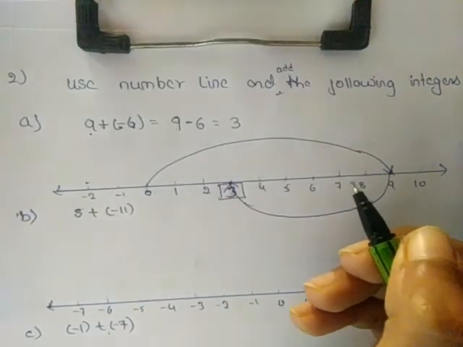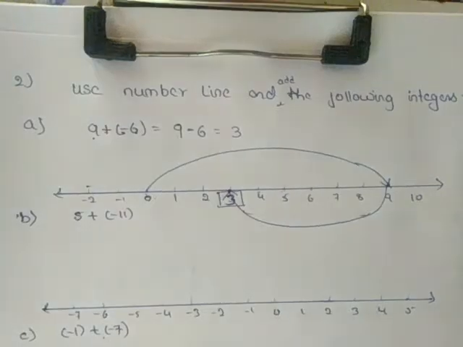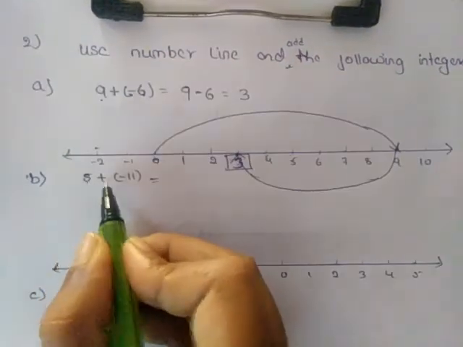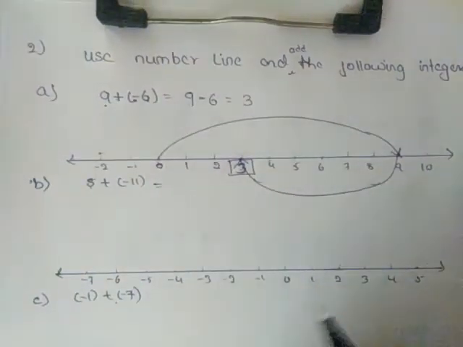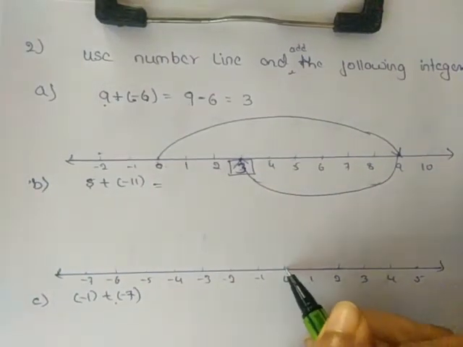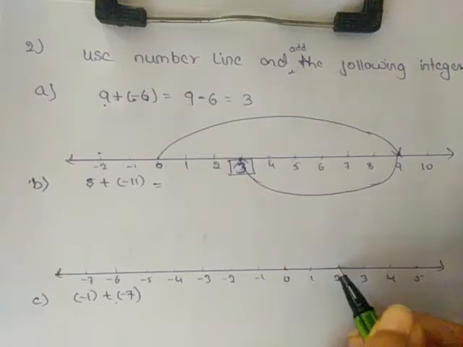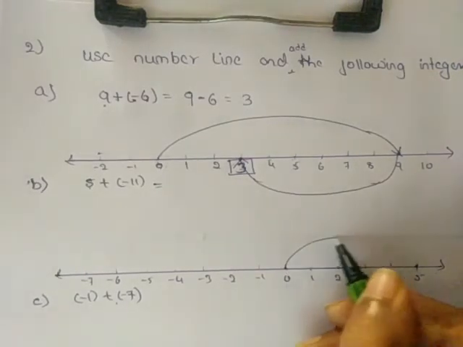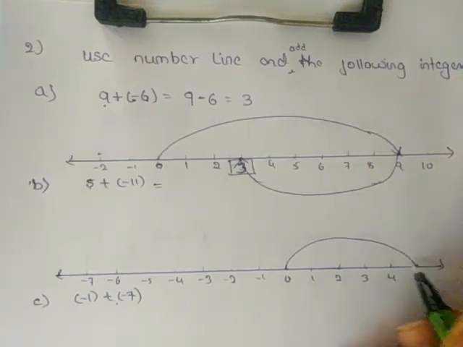Are we here? Yes. Now similarly the second one, B, 5 plus minus 11. First we'll move 5 steps from 0: 1 2 3 4 5. We must come from 0 to here.